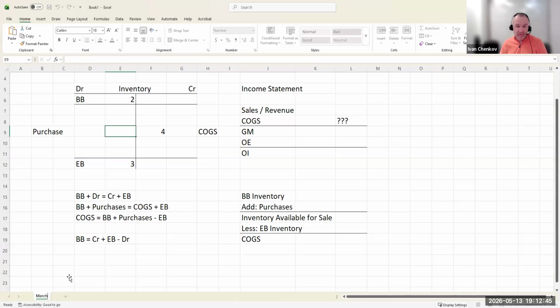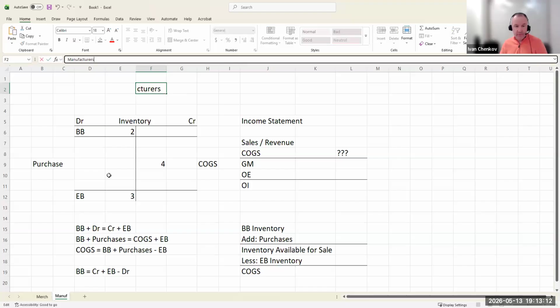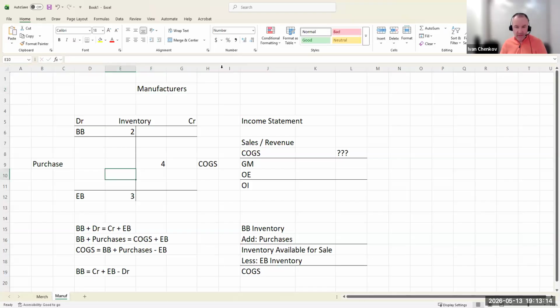Let's see what's happening in the manufacturing company. Now, in the manufacturing company, to make it more difficult, because we have to make it difficult, otherwise it's not going to be a manufacturing company, instead of one account inventory, we're going to have more than one inventory account. So in a manufacturing company, this income statement is going to disappear from here.